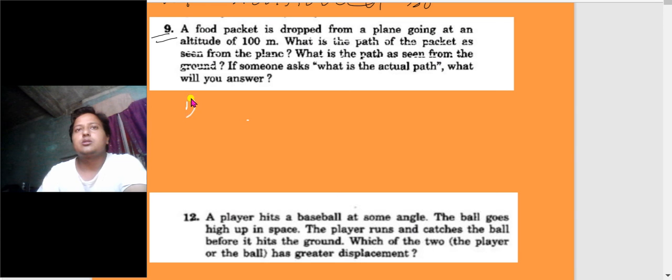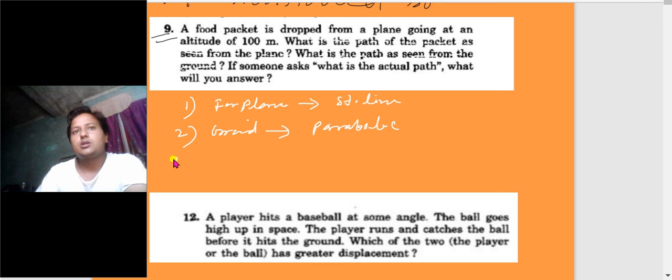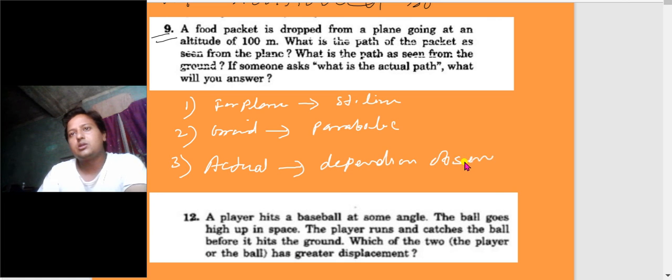The answer is, for the plane observer, the path is a straight line. For the ground observer, the path is parabolic. And what is the actual one? The actual path depends on the observer. So for different observers, their path is the actual one.